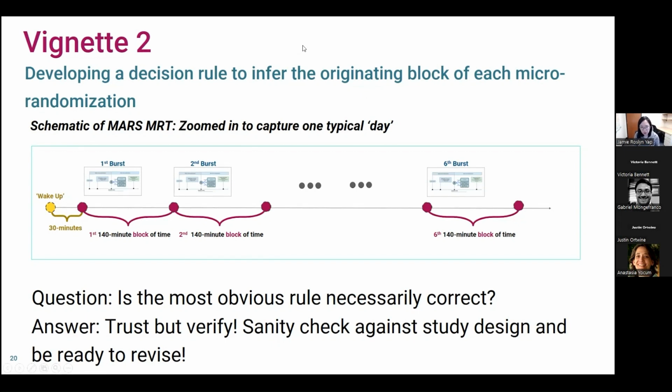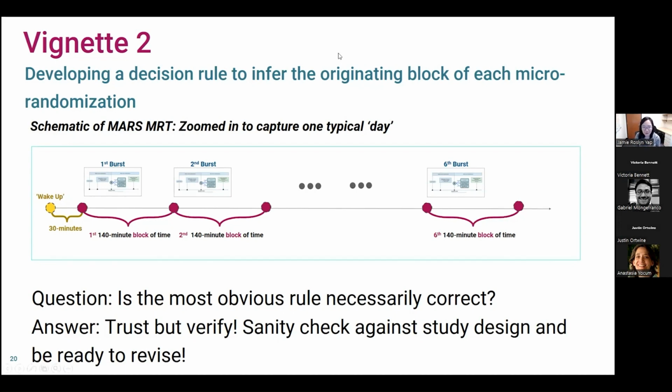So long story short, I won't go into detail, but the takeaway from the second vignette is that the most obvious rule can be correct, but always refer back and check against the study design and be ready to revise your underpinning assumptions.